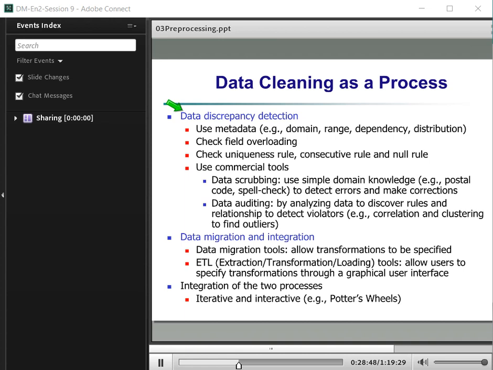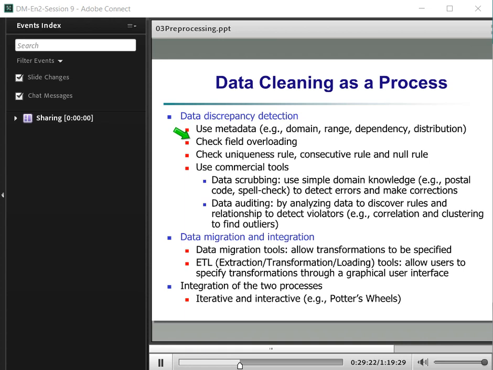So the set of possible options, possible choices, possible answers to that attribute is limited to a specific domain, to a specific range, to a specific distribution with some dependencies. So we can use metadata to define noises or outliers.